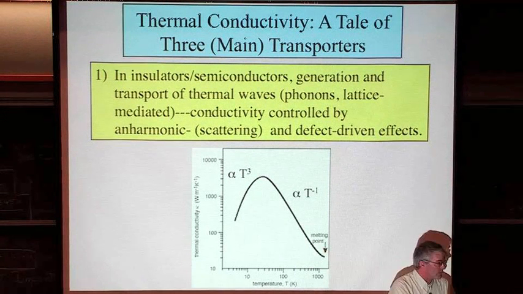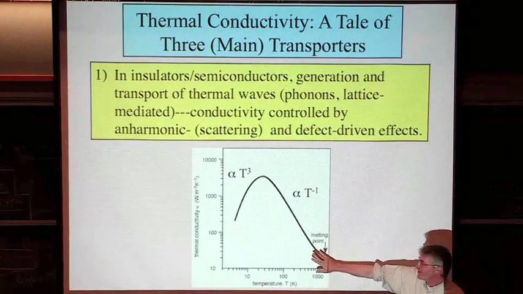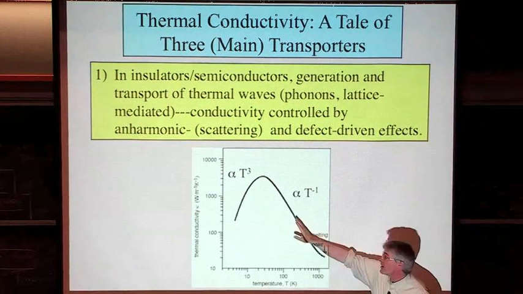And so it isn't strictly, in this range, which is a lot of geophysics, in terms of being in a proportional to 1 over T regime, it is controlled largely by, and certainly the ultimate location of where this point lines up is determined by, the trajectory of the 1 over T dependence.